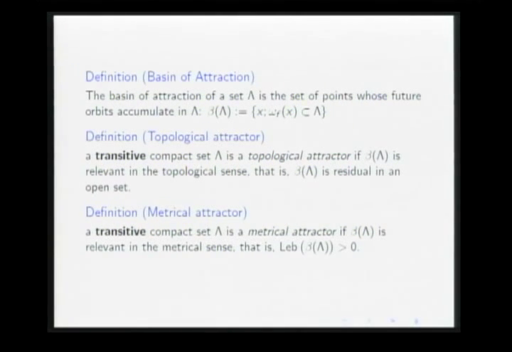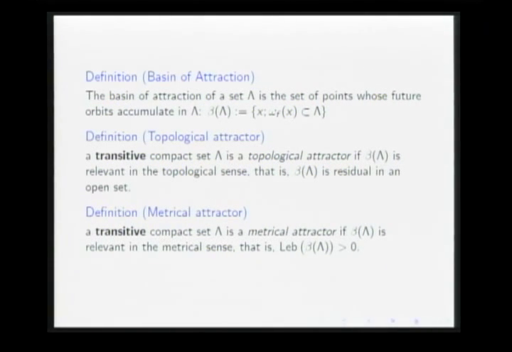That is, a transitive compact set is a topological attractor if this basin is relevant in the topological sense, that is, it's residual in an open set. In the same way, we define a metric attractor as one that has a relevant basin in the metrical sense.